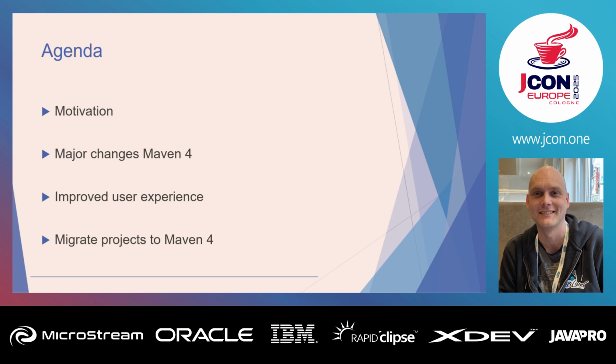The major changes, the breaking changes. And the minor changes, which I put under the topic of improved user experience, because I feel that many of them improve the user experience more than they are minor changes of the program itself. And at the end, I give you a slide about how to migrate a project to Maven 4.